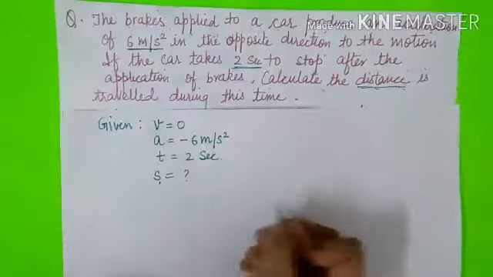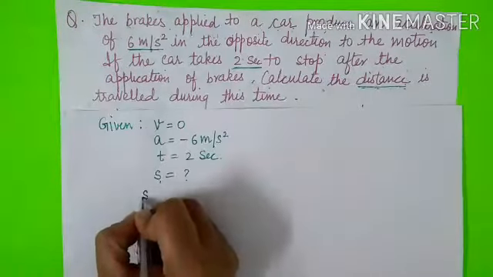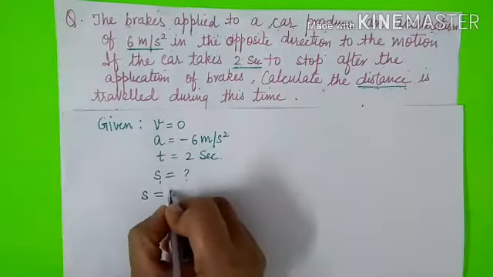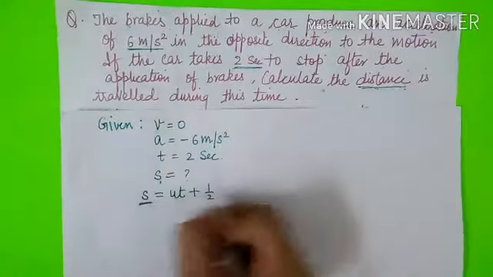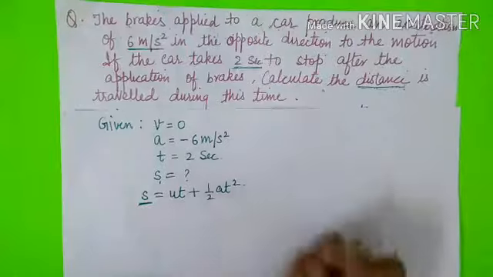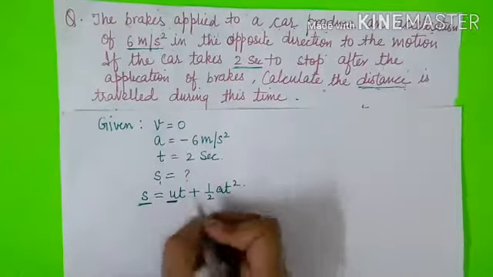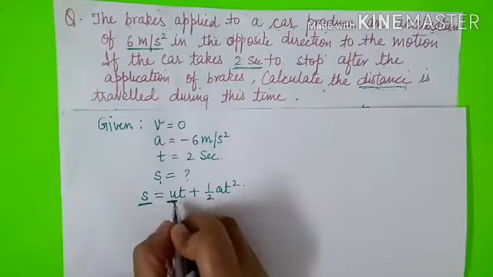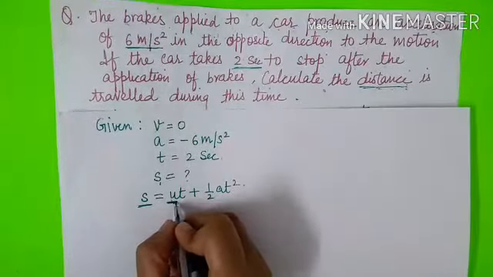So here we need to calculate distance. We can't directly apply the second equation of motion to calculate this distance. Why? Because we don't know the initial velocity. So first we have to calculate u from equation 1.